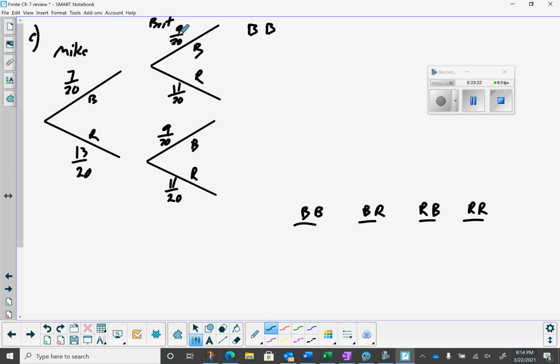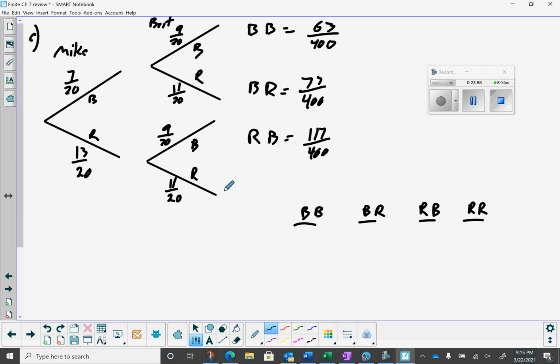So black, black, 7 times 9 is 63. 20 times 20 is 400. So then black, red, that's going to be 77 out of 400. Red, black, 13 times 9, that gives us 117, again out of 400.